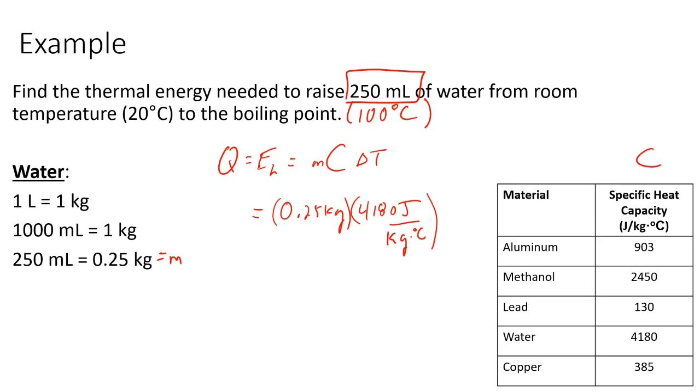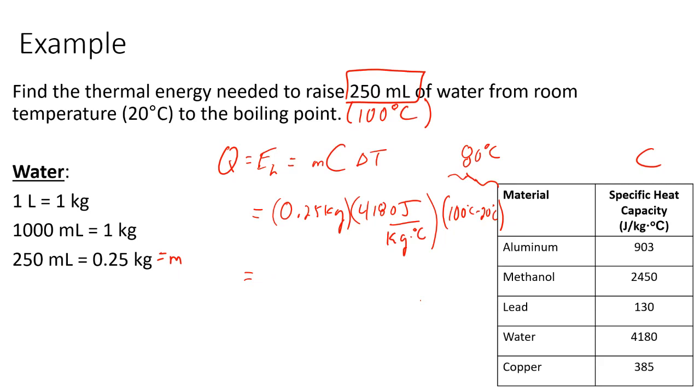Okay, and we want to change our temperature from 20 to 100. So our change in temperature is we're increasing our temperature by 80 degrees Celsius, and we need energy to be able to do that.